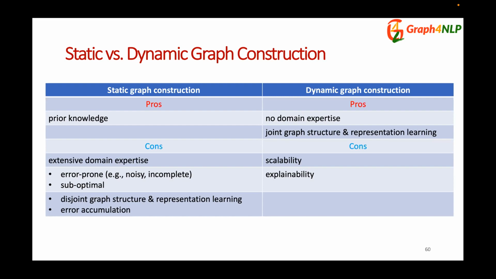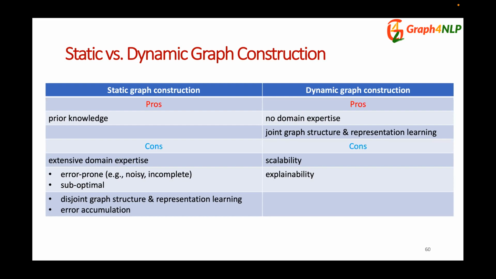For example, for some low resource languages, we might not have rich prior knowledge to utilize. Besides, static graph construction can also be error prone due to noisy or incomplete graphs, and therefore is often suboptimal. And due to its disjoint graph construction and graph representation learning nature, it can also lead to error accumulation.